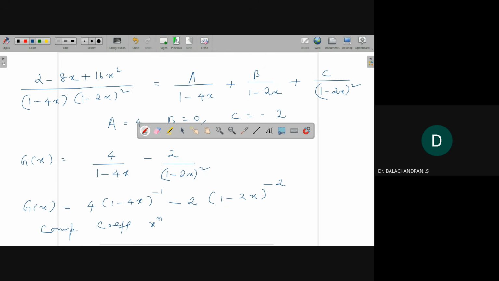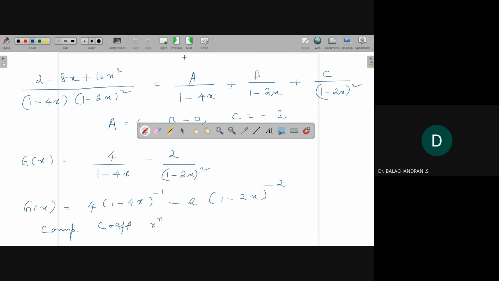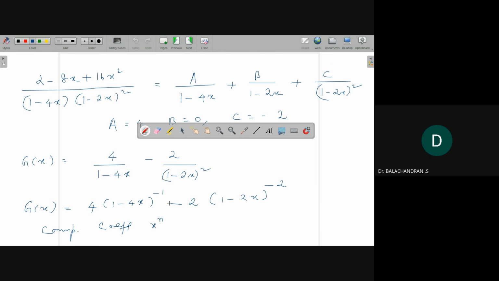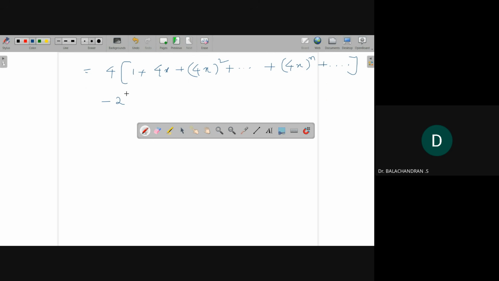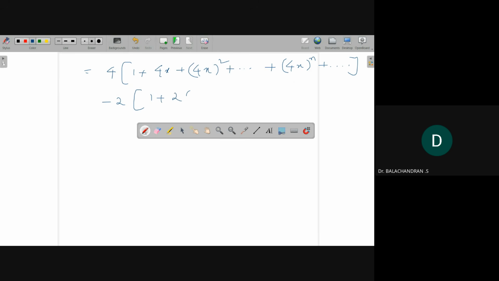So first, you should expand it. If you expand this, what will you get? 4 into 1 minus 4x whole power minus 1 is 1 plus 4x plus 4x whole square plus and so on, plus 4x whole power n plus so on, and then minus 2 into 1 minus 2x whole power minus 2, which is 1 plus 2x plus 3 into 2x whole square.